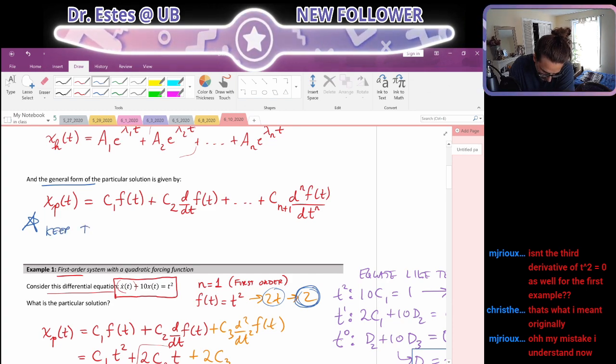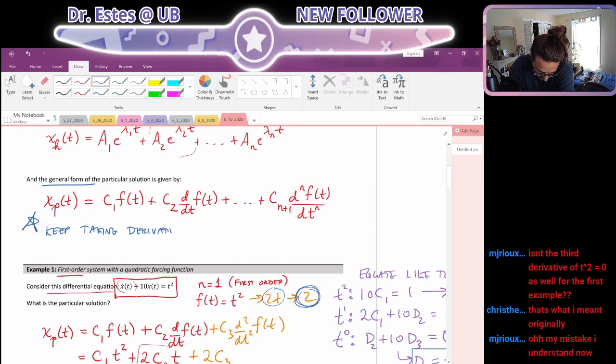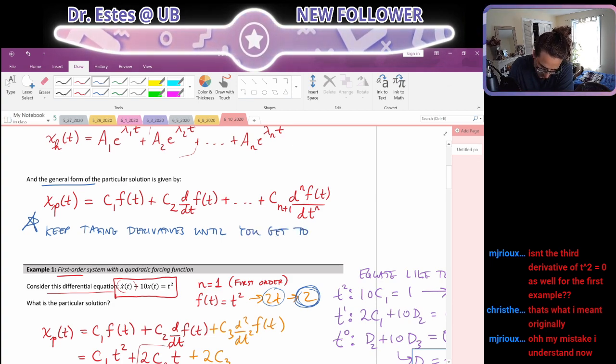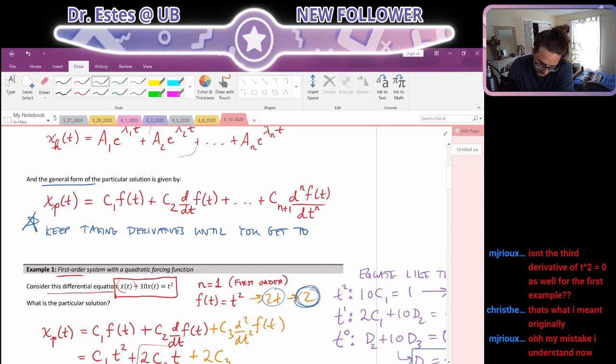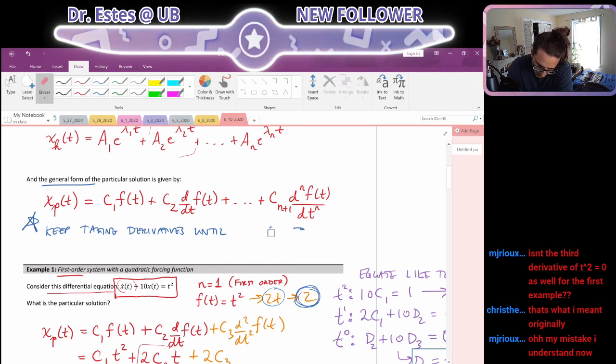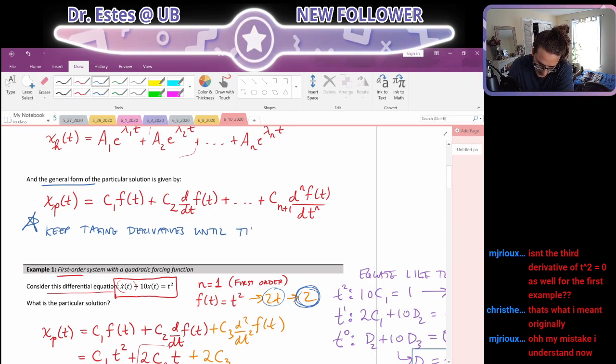Keep taking derivatives until the derivative becomes 0.